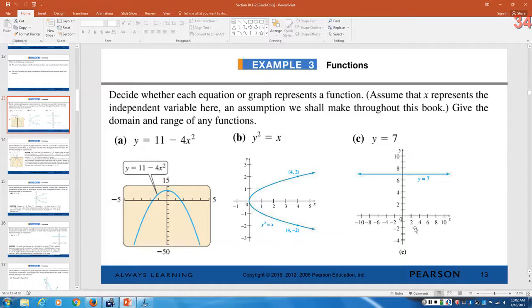If I were to ask you which one of these is a function, is graph A a function? How do you know it's a function? What tells you that graph A is a function?